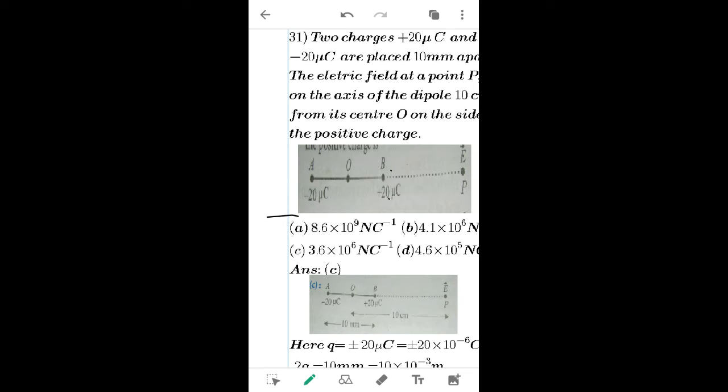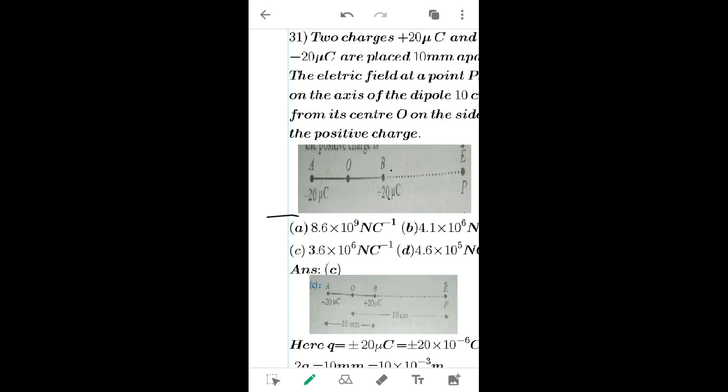So there is a dipole. It is having 20 microcoulomb of charge at point A. It is minus 20 microcoulomb, and at point B it is plus 20 microcoulomb, and there is a point away from the dipole P where the electric field is towards the point P.